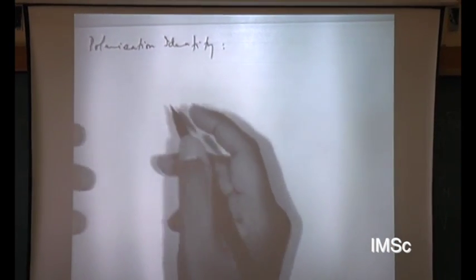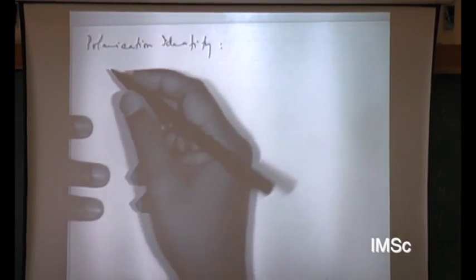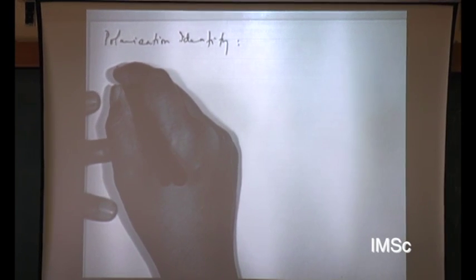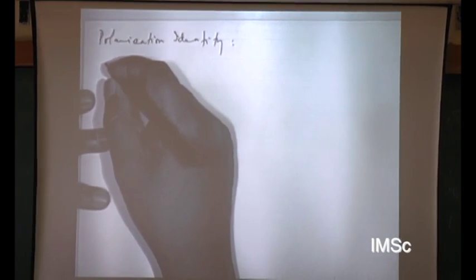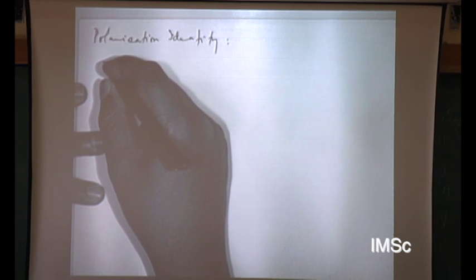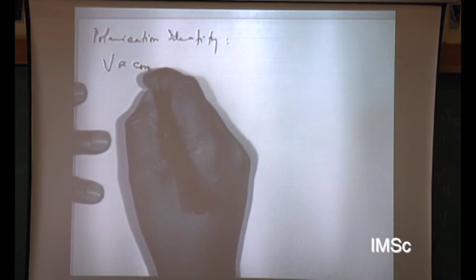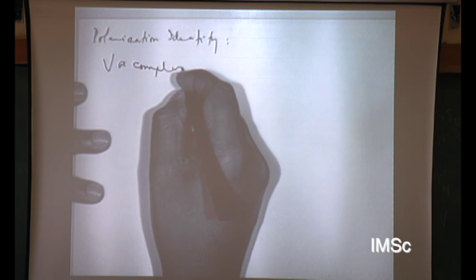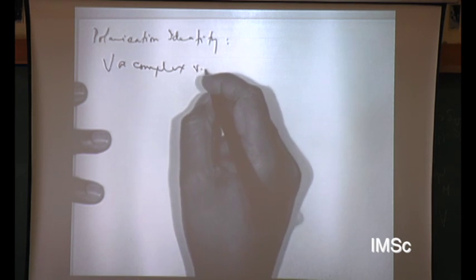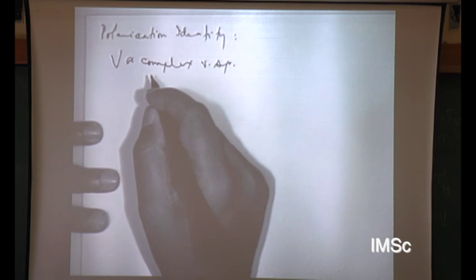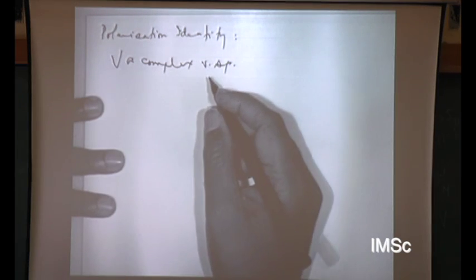So we start with, suppose you have just some vector space V, a complex vector space. And you'll see that the complex i is crucial in this whole argument.